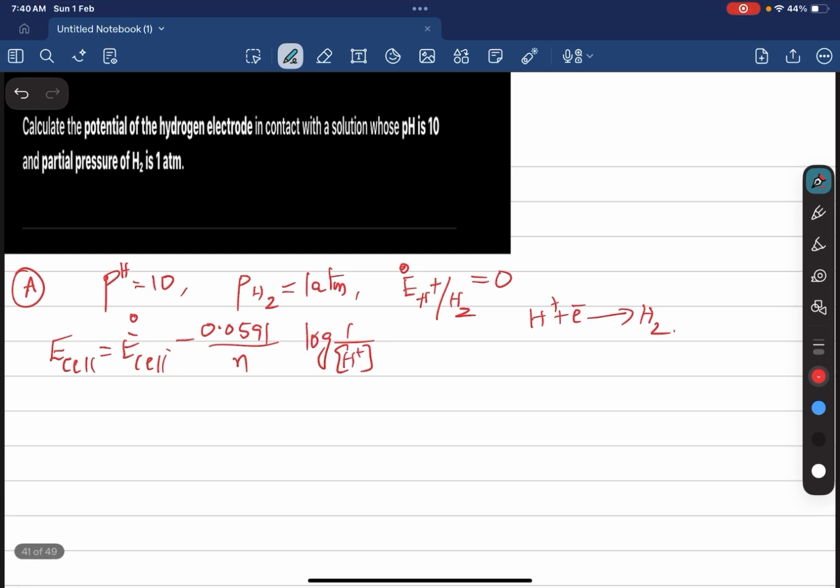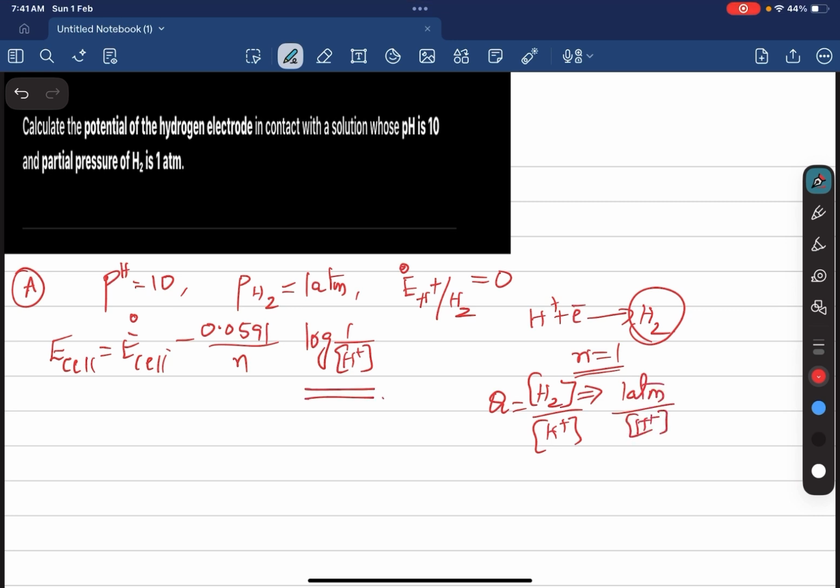So n value will be 1. Product by reactants, because you can write Q equals H2 by H plus. The concentration of hydrogen gas is decided by the pressure, so 1 atm by H plus.